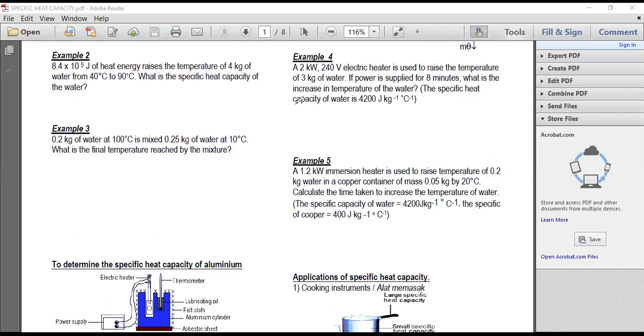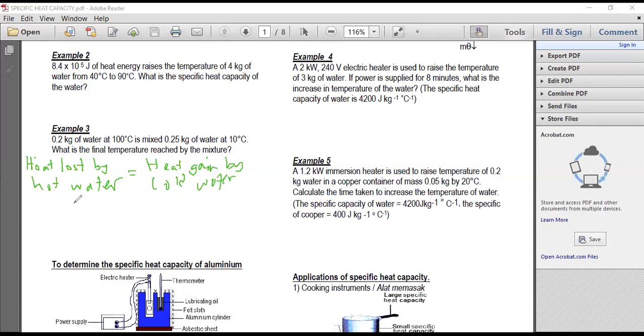So we're going to assume heat loss by hot water equals heat gain by cold water.